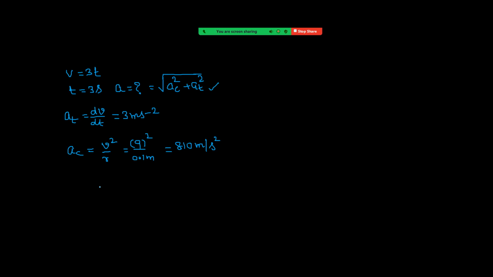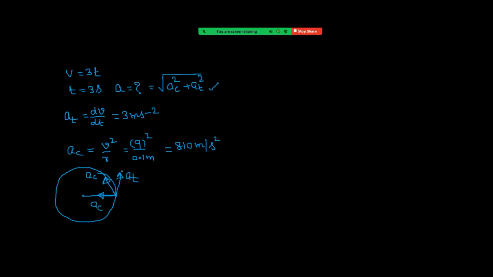To find the angle made by the acceleration vector with the velocity vector, I am making a diagram here. This is a_c towards the center and this is a_t along the tangent.